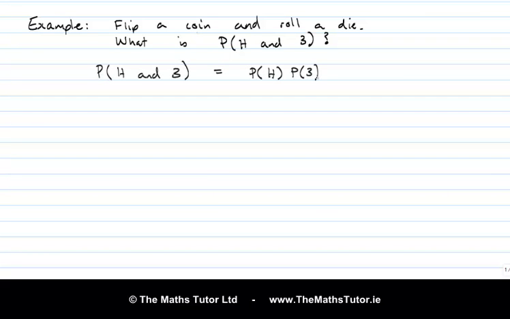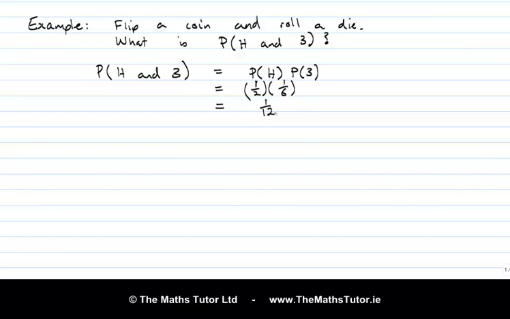The probability of getting heads and 3 is equal to the probability of heads times the probability of 3. With a fair coin, the probability of heads is a half. And with a fair die, the probability of rolling a 3 is 1 over 6. So we see that the probability of the compound outcome is 1 over 12.